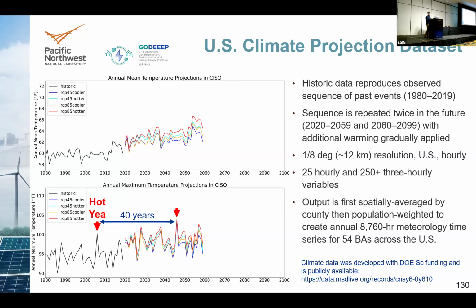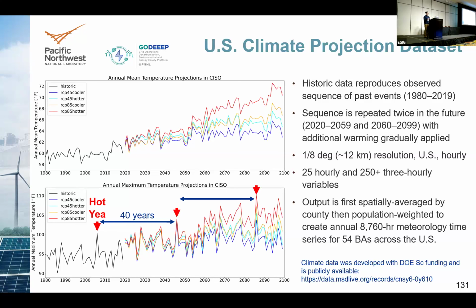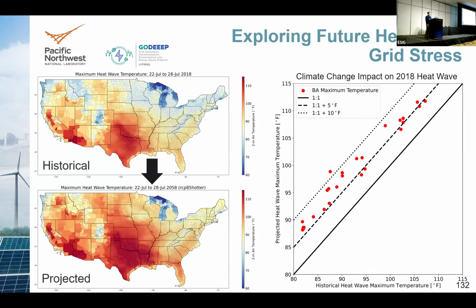The different colored lines are different levels of warming, which are derived from collections of CMIP models that we group into these four groups. And those 40 years are replayed again out to 2100.